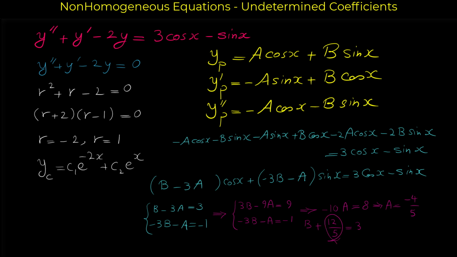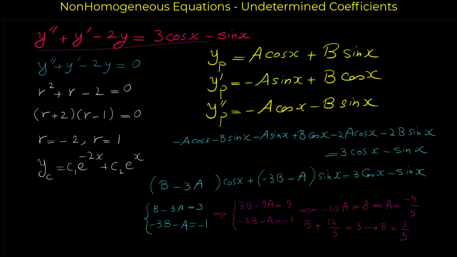If we bring this to the right side and do a simple common denominator, b is 3 minus 12 over 5. Note that if we give one denominator to 3, we can make it 5 and make this 15. 15 minus 12 is 3. So anyway, it seems that b is 3 over 5.